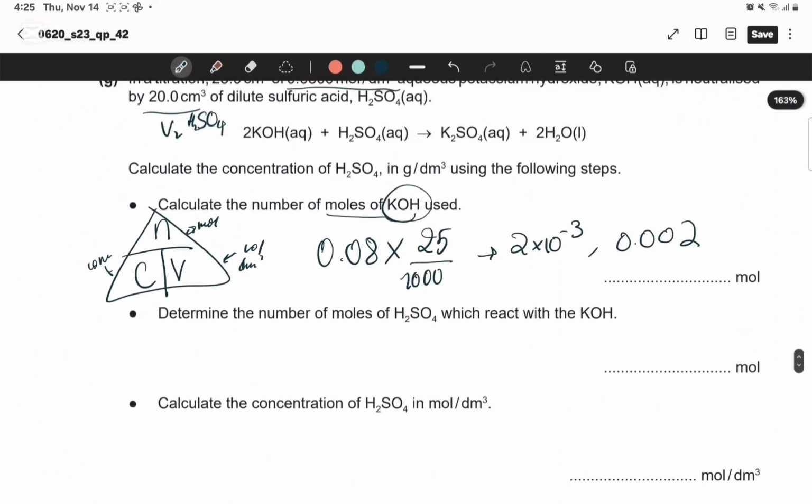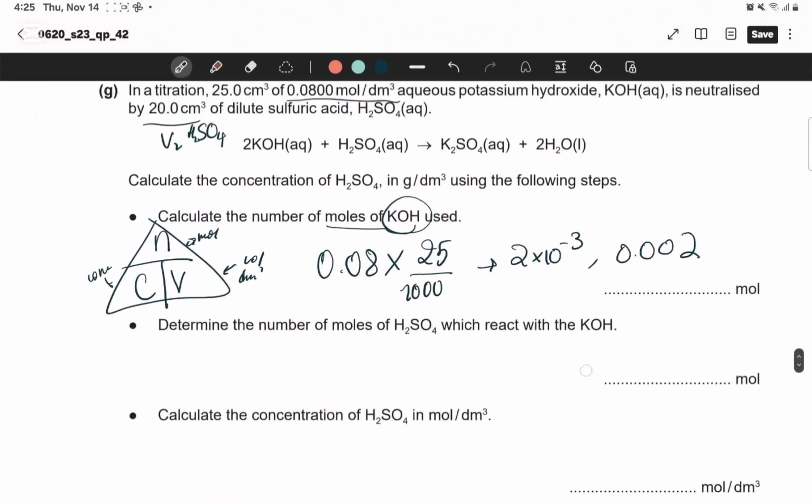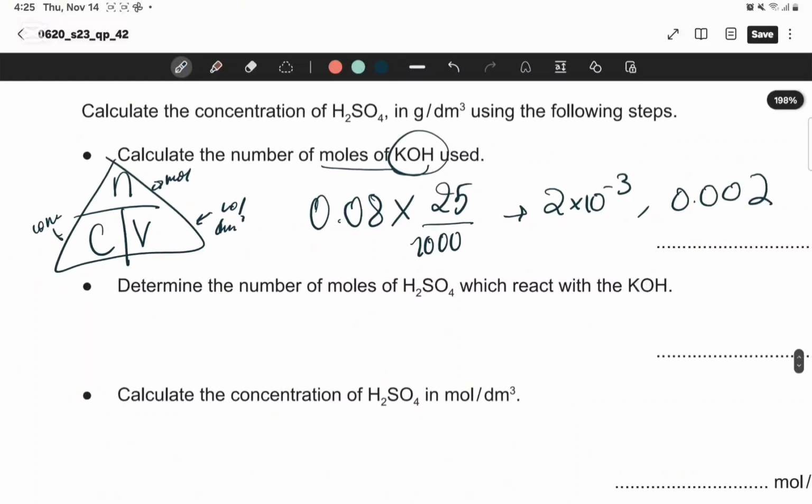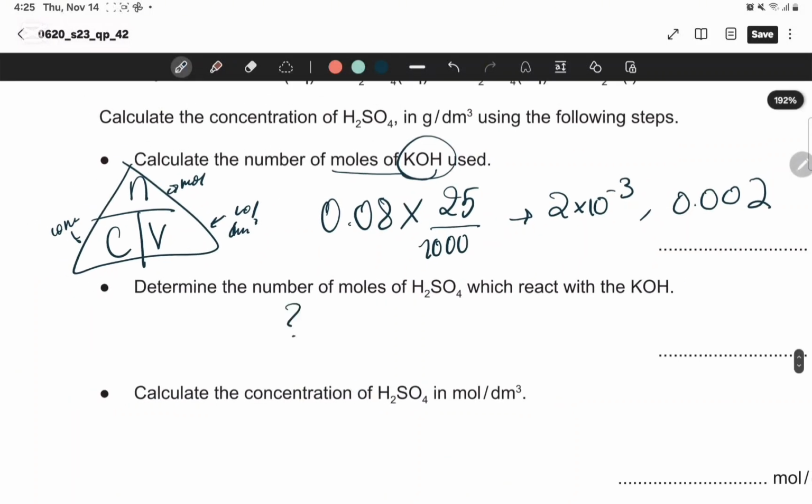Okay, so determine the number of moles of H2SO4 which react with KOH. So this is stoichiometry. Number of moles of H2SO4 that react with KOH, which was 2 times 10 to the power of negative 3 moles.